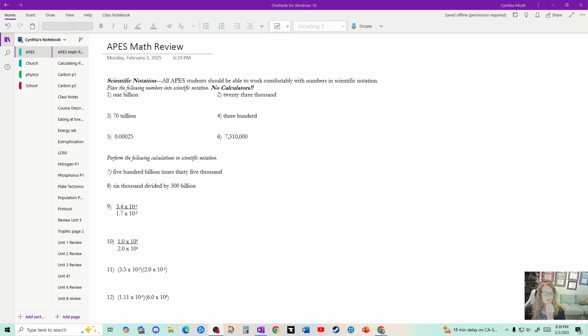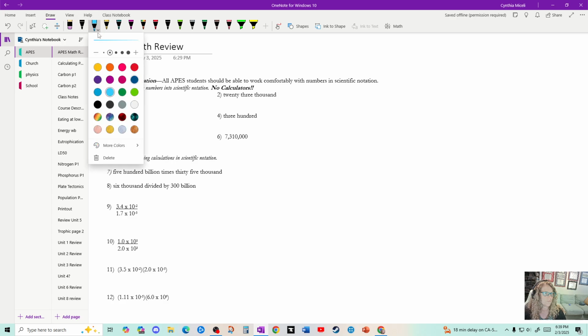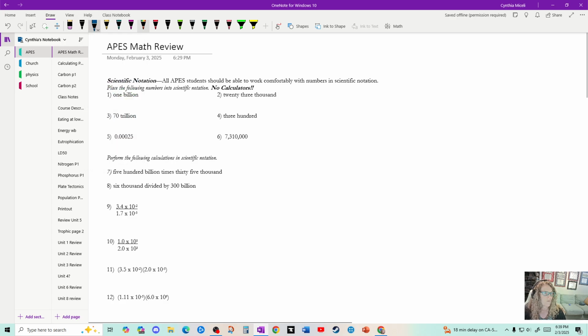Okay, so some basics in case you don't know or forgot how all this stuff works. Scientific notation. Let's start with that. Scientific notation means you're always going to have a number, then a decimal point, and then all the other numbers.